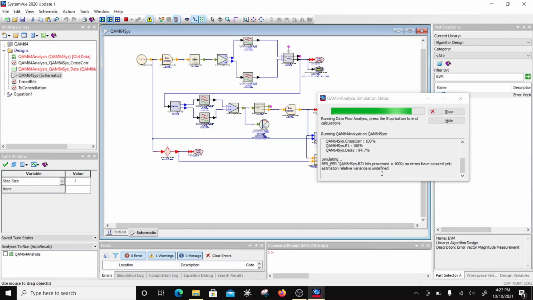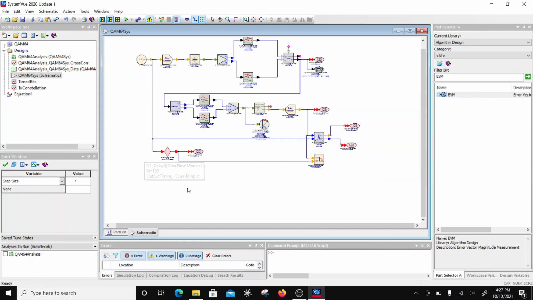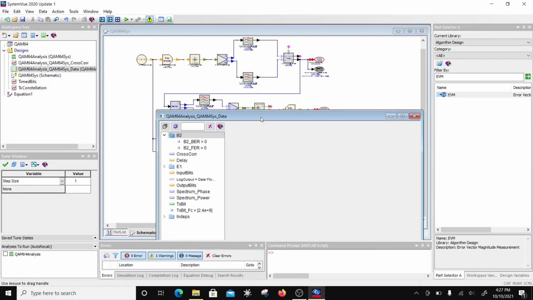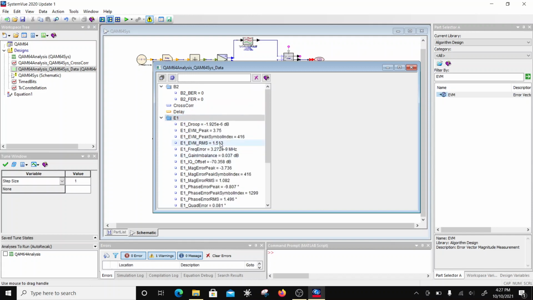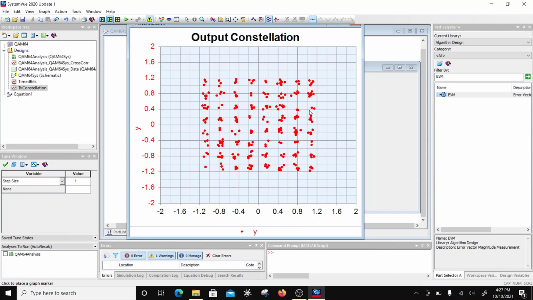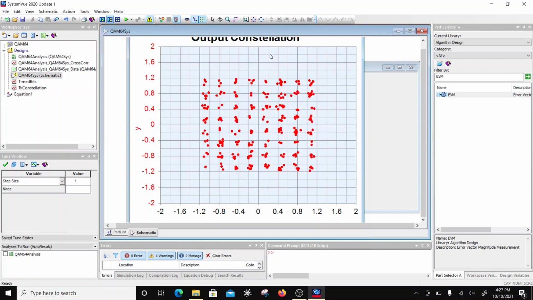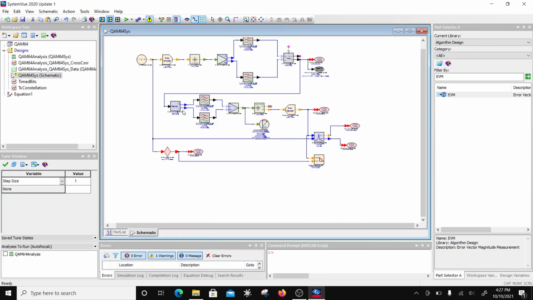It just says we didn't have any bits in error, and here if I go back to my data, I have E1, and this is 1.5% as EVM on that constellation. So the constellation is over here. Okay, something is wrong with the plotting of the constellation.